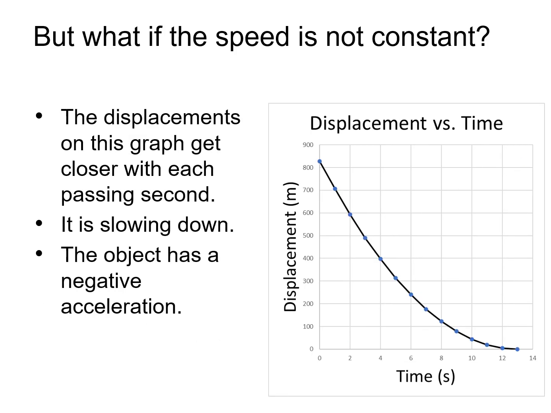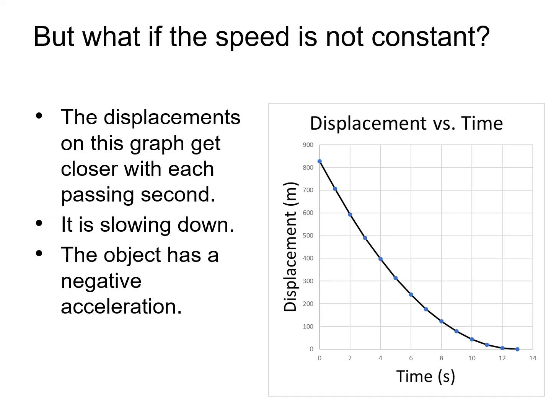This graph is curving down. It is slowing down, or in everyday language we might say decelerating, but in physics we call this a negative acceleration. But if you look up around, say, the 800 and the 700 and look how long that line segment is, now look down between, say, 12 and 13.